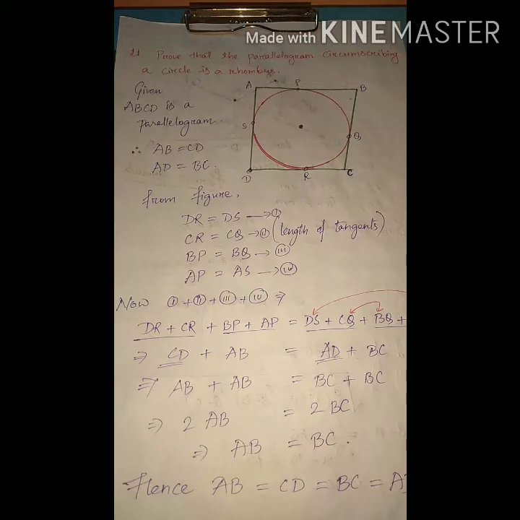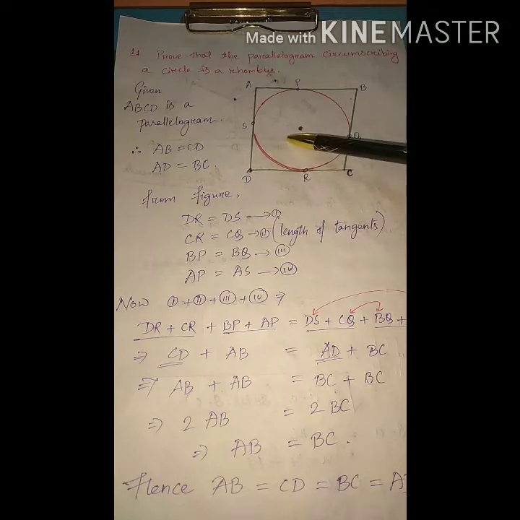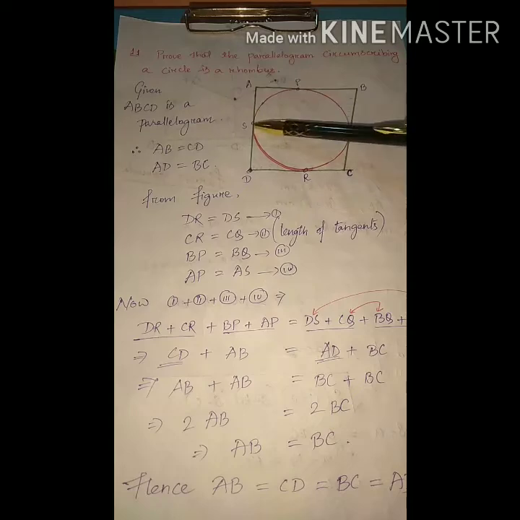and parallel. Now from this figure, consider the point D. D is an external point for this circle, and R and S are known as the points of contact.